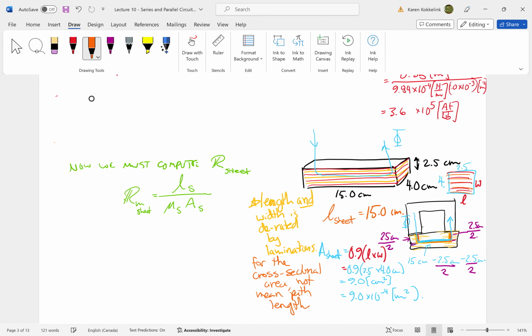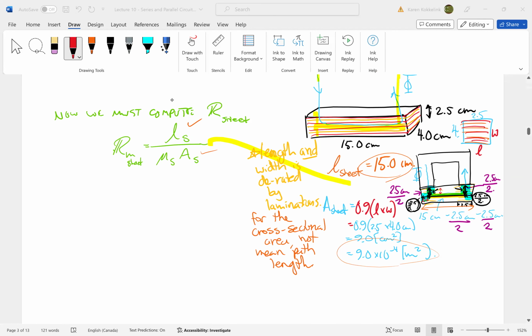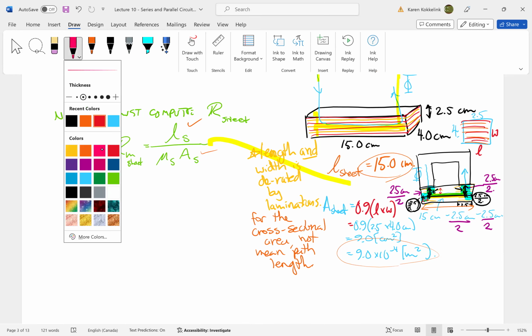It's an obscure situation that applies only to laminated sections of magnetic circuits, which is clearly difficult to remember. Okay, so now we have L, it is 15. We have A, it is 9 times 10 to the negative 4 meters squared, but we are still missing permeability. So let's calculate what our permeability is.